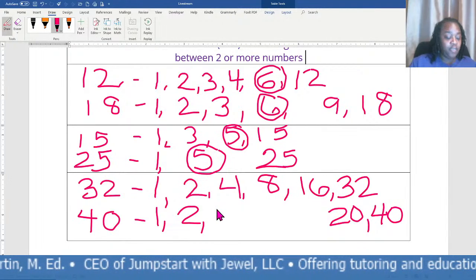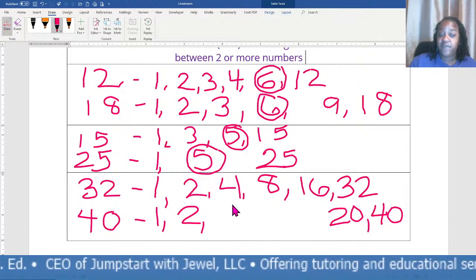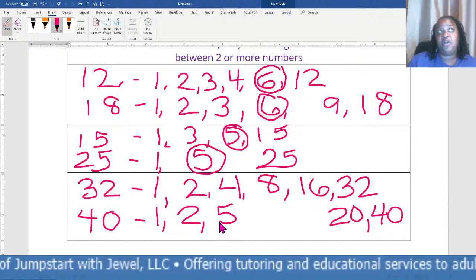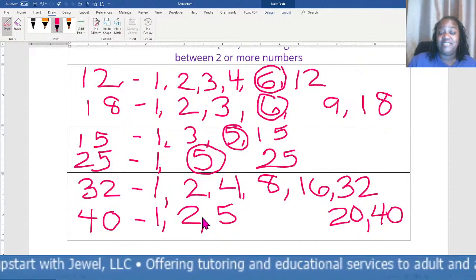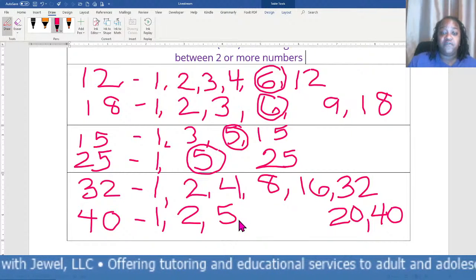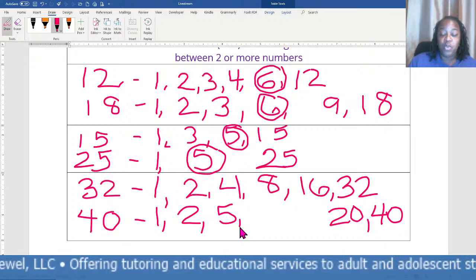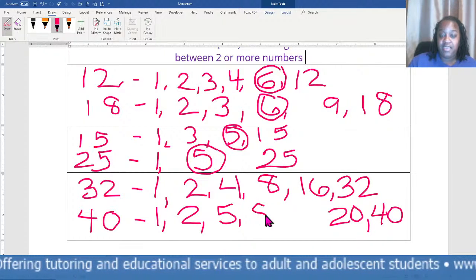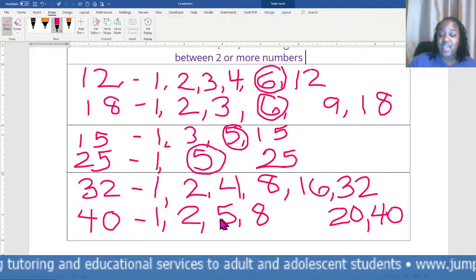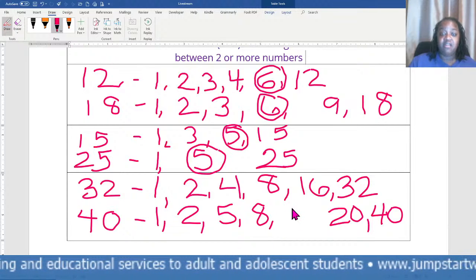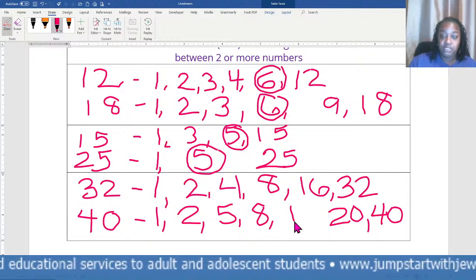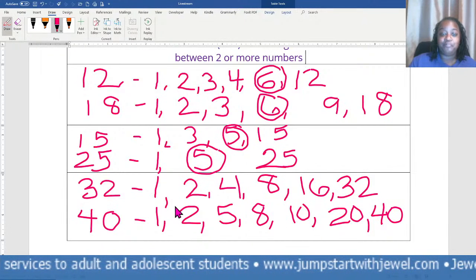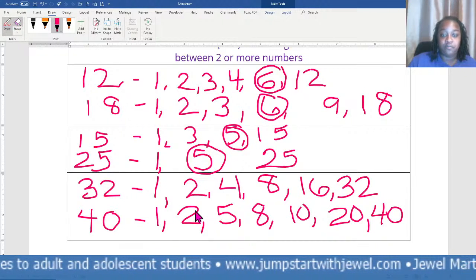Then you've got the number 5. 5 is a factor of every number that ends in 0 or 5. What number multiplied by 5 gives you 40? 8. 8 times 5 is 40. And then our last factor is going to be 10. Oh, I forgot to put my 4 down. It's 4.